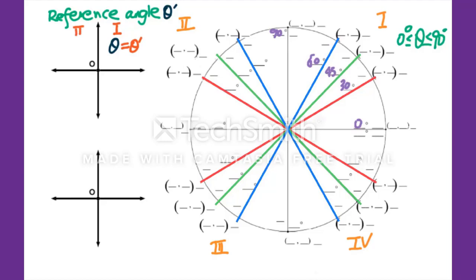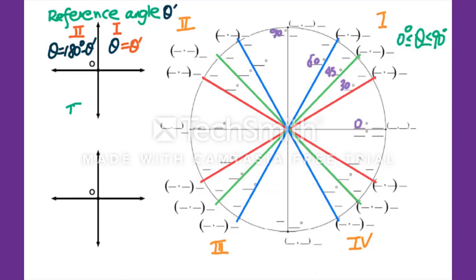For the second quadrant, we can use the reference angle to show any angle in the second quadrant. It will be theta equals 180 minus the reference angle.